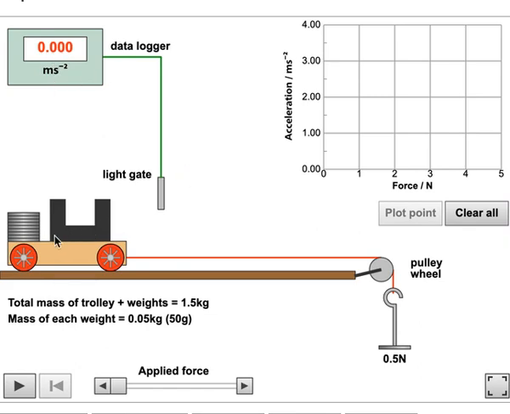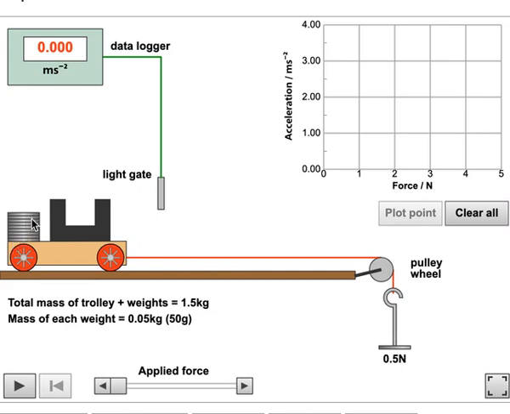So what you're going to do as well, because we're going to be looking at the first part of this experiment where mass is constant, we've got to make this whole system that we're accelerating, we need to make sure that the mass is constant for that.